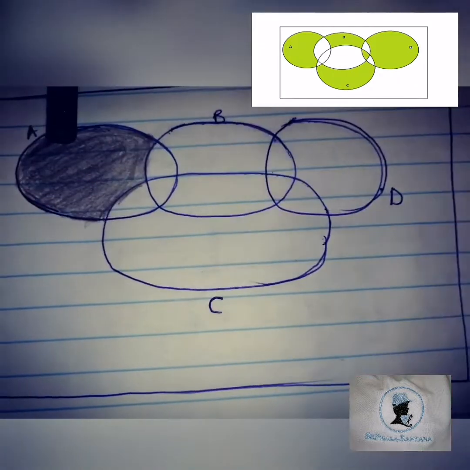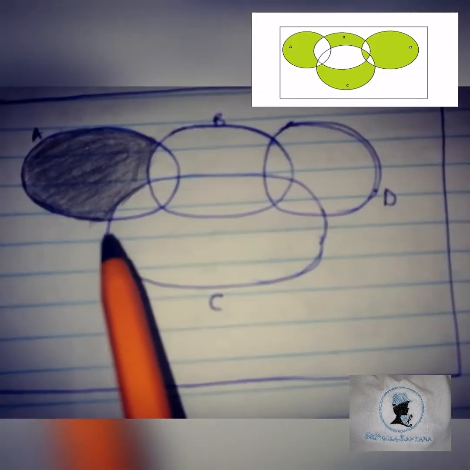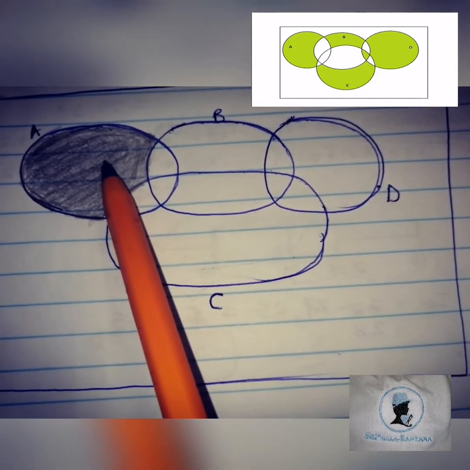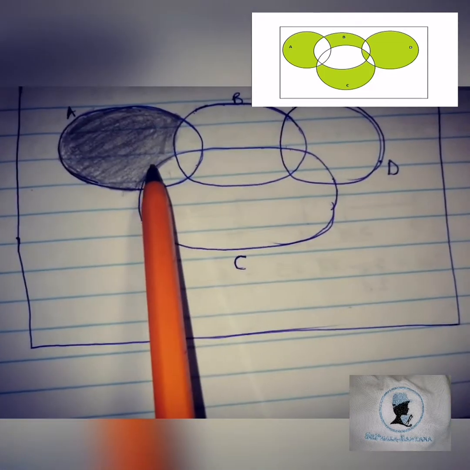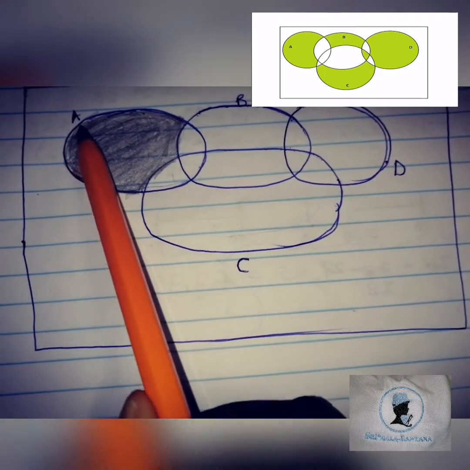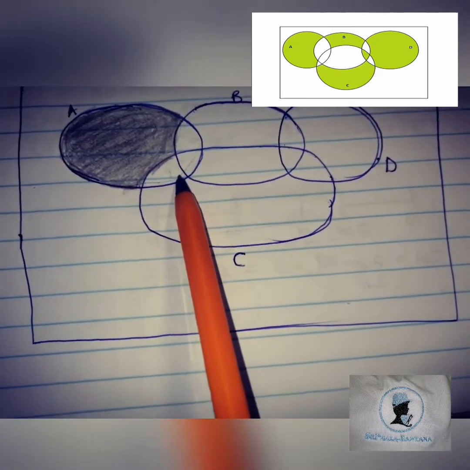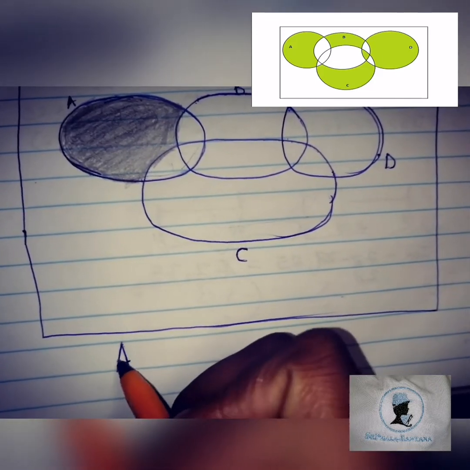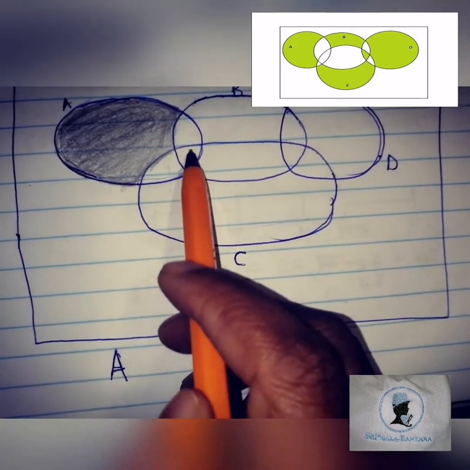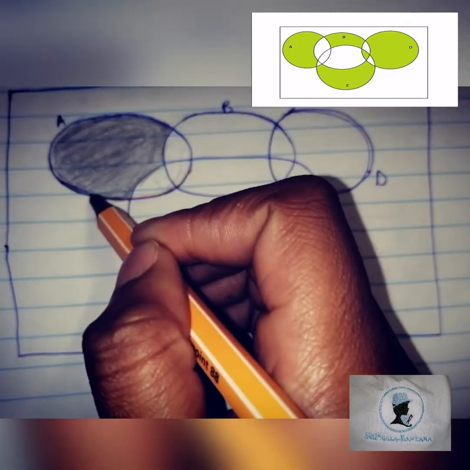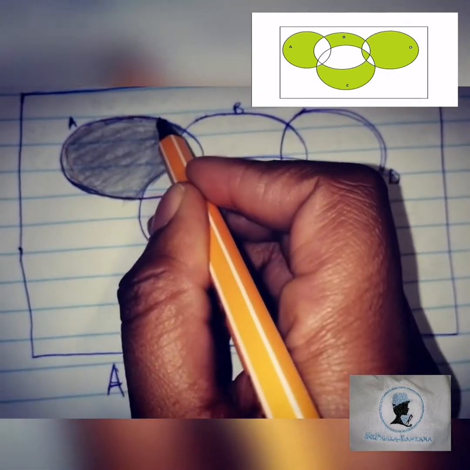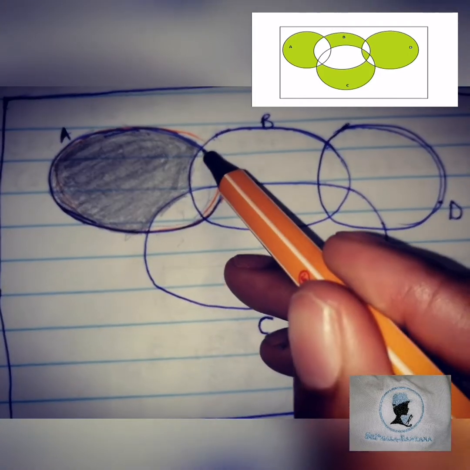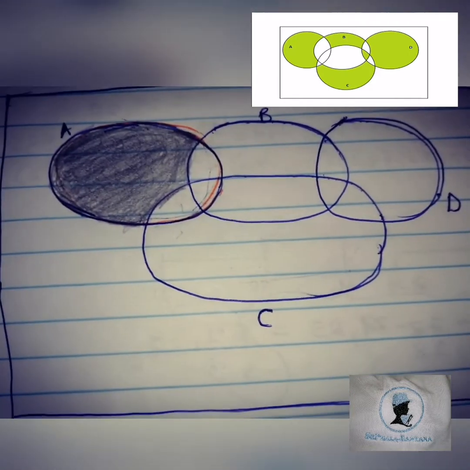You can see that the set is a subset of set A, part of A, so we are going to say A, but not all of it is shaded. A is the whole set, not all of it is shaded.